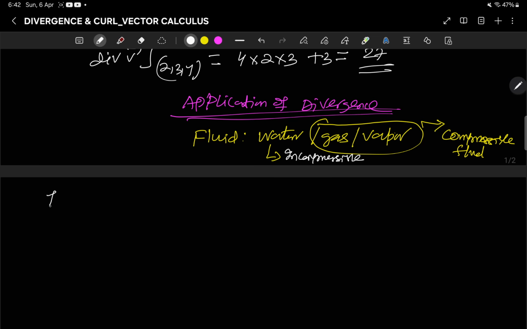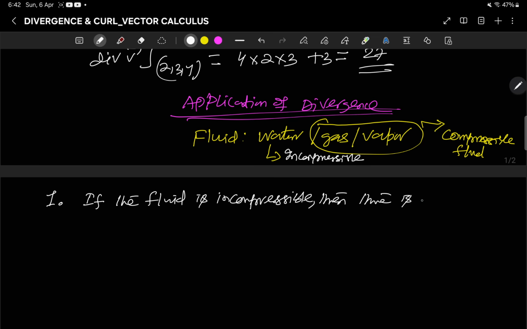So in application 1, I can say, if the fluid is incompressible, not able to compress, then there is no loss or gain in the volume.